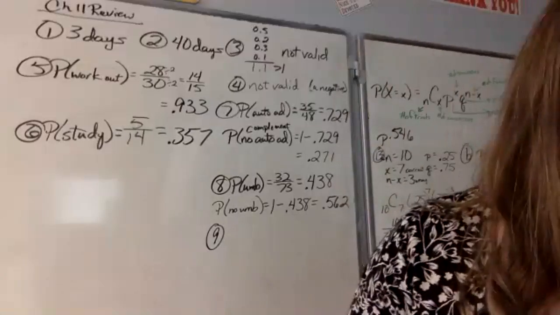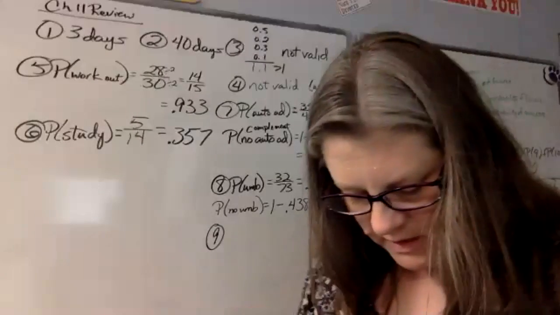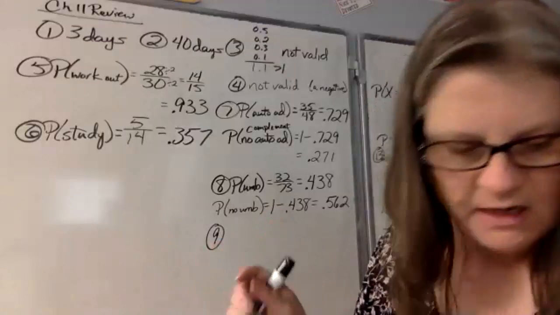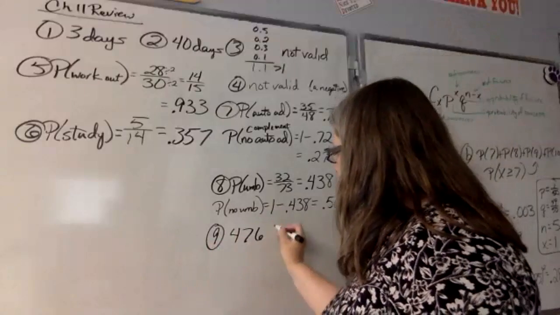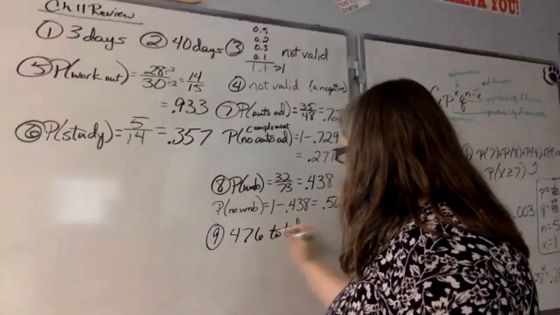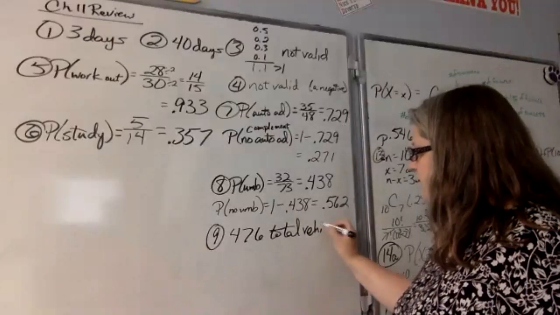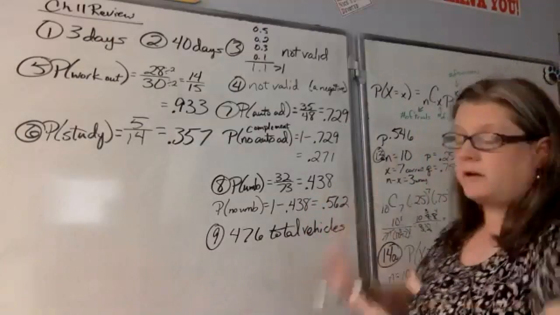Add them all up. So I take the number of cars, the number of trucks, the number of motorcycles, and the SUVs, add it all together, and there are 476. Okay, so that's total vehicles. That's how many he has total. That's not cars, that's not trucks, that's not SUVs, that's all of them.